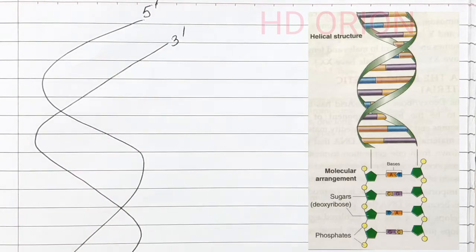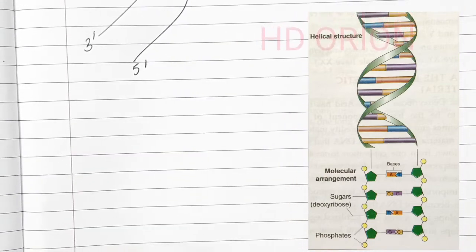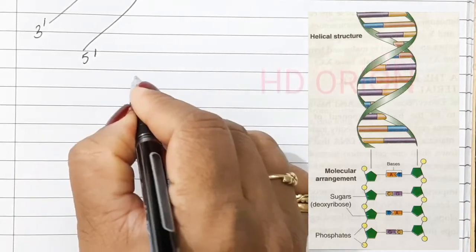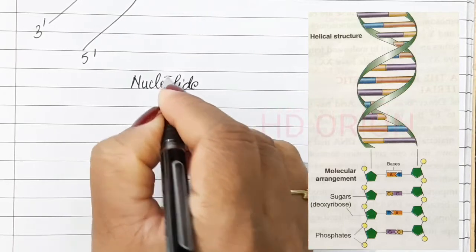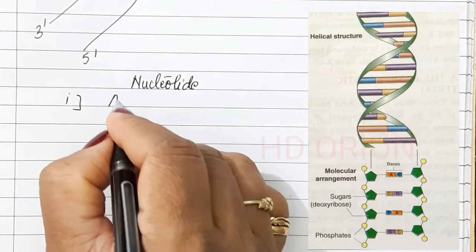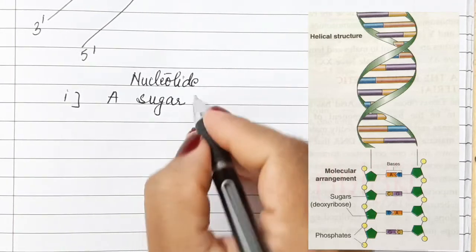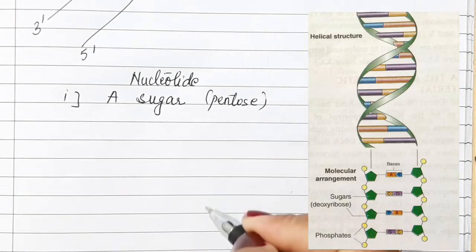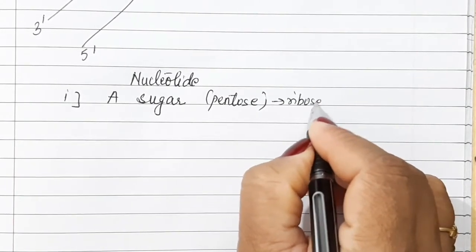So each DNA strand is made up of many nucleotides. Now what is a nucleotide? Each nucleotide is composed of a sugar. This sugar is a pentose sugar. Pentose means it is a 5 carbon sugar.